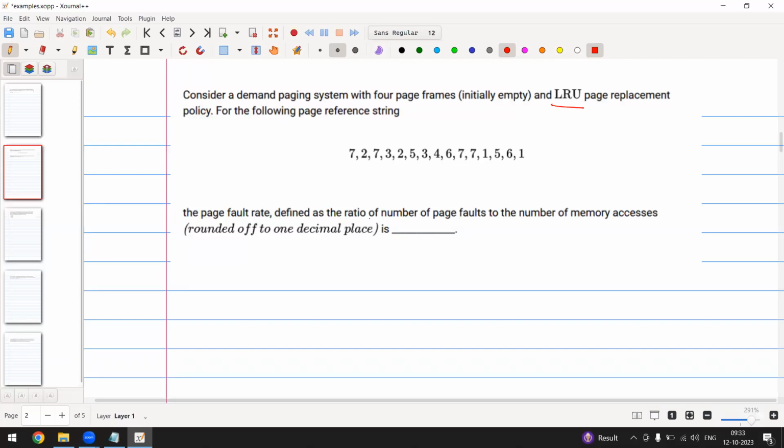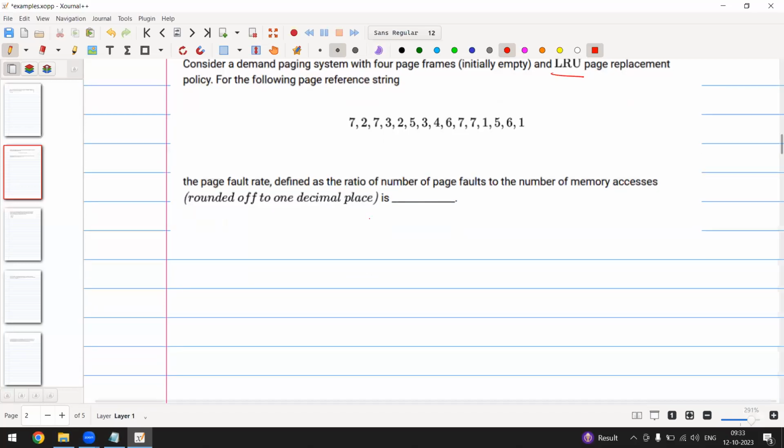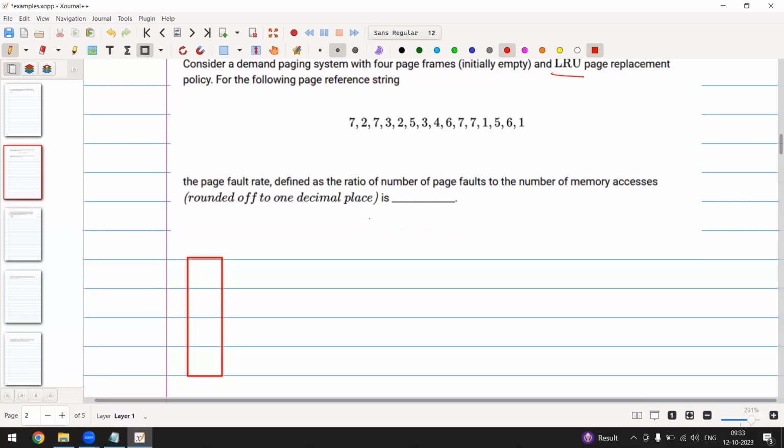So in this example, you see that there are 4 page frames. Let me draw the structure. It is something like this. There are 4 page frames.